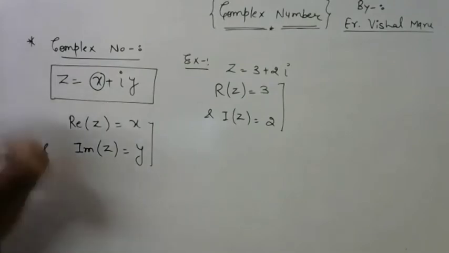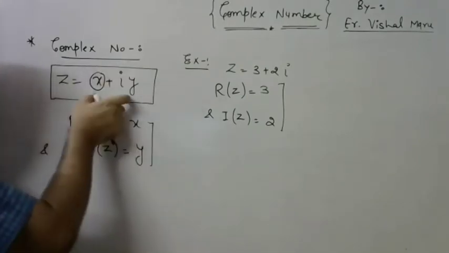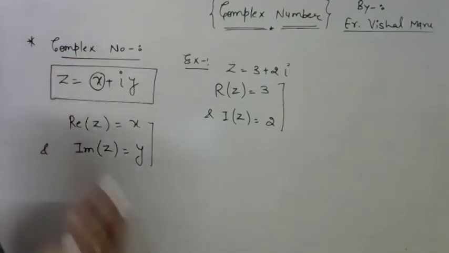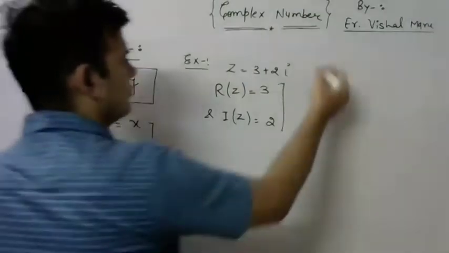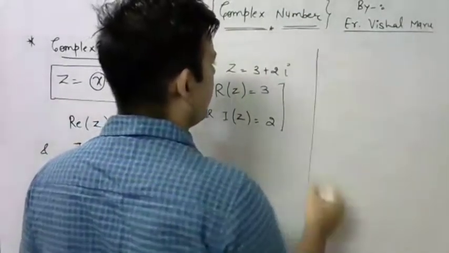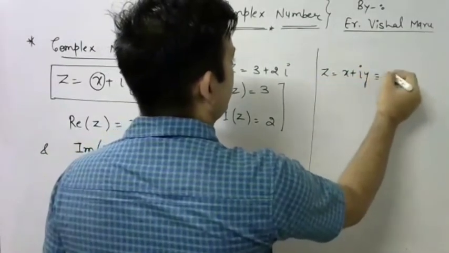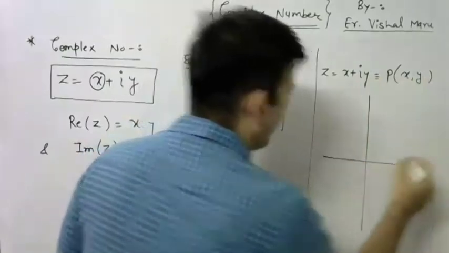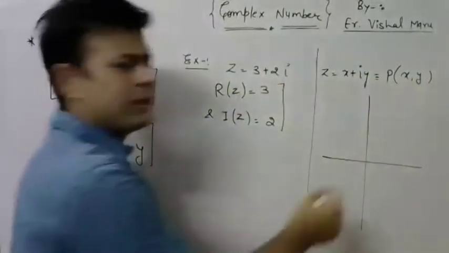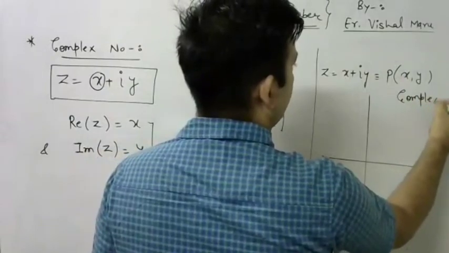Now we will discuss the point form. We can represent a complex number in 2D as a point. For example, if I have z is equal to x plus iota y, then it can be treated as a point x comma y in the XY axis, which is called the complex plane.